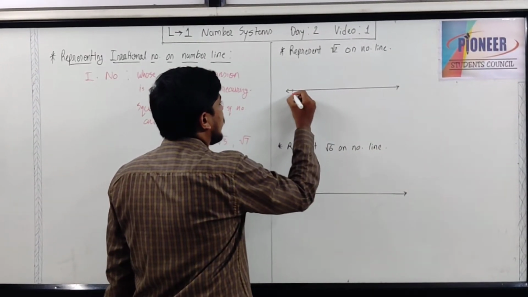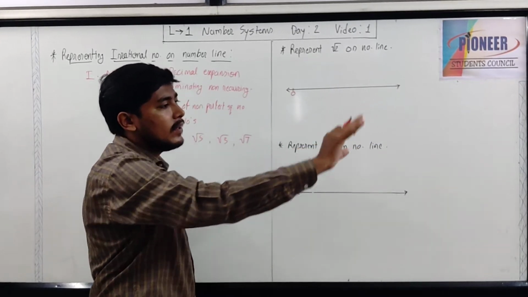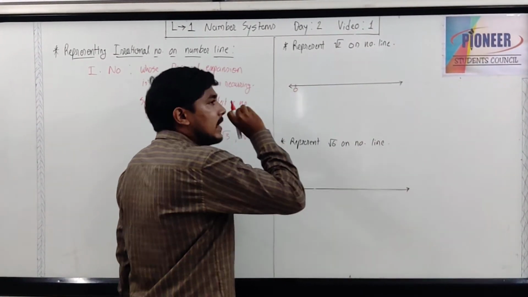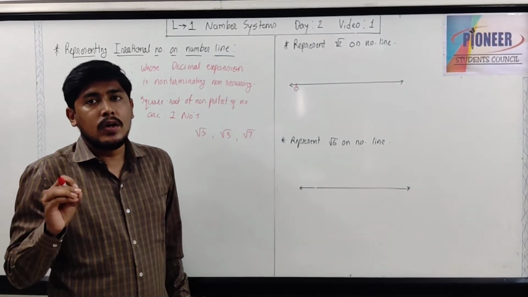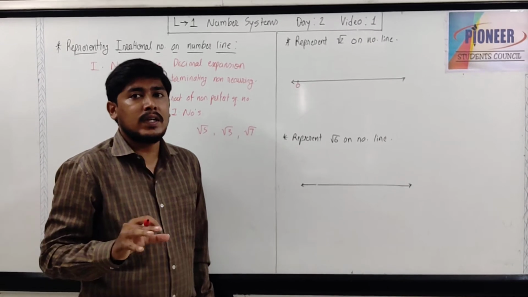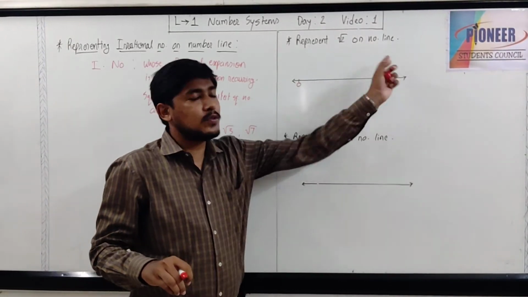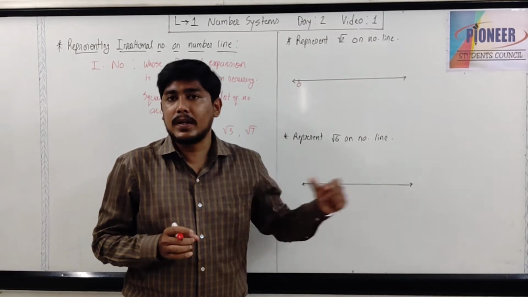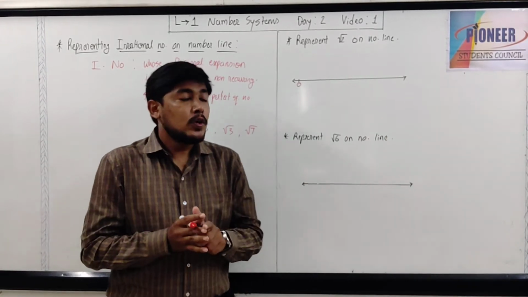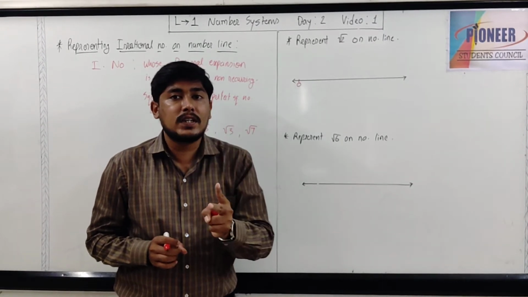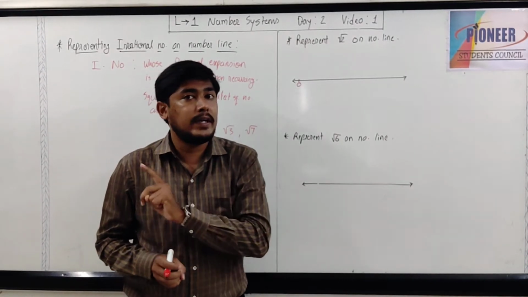I am starting it from 0 and will continue so on. There is no such rule to have a difference of 1 centimeter only while representing root values on a number line. We can take a difference of 2 centimeters also. So to represent such root values, we will take a difference of 2 centimeters between each point.